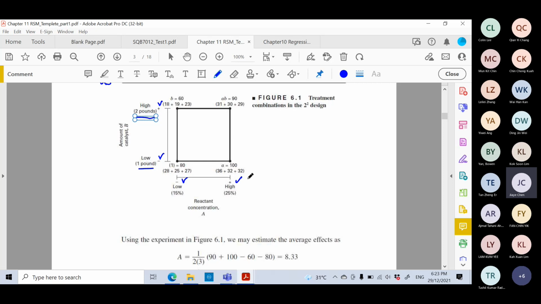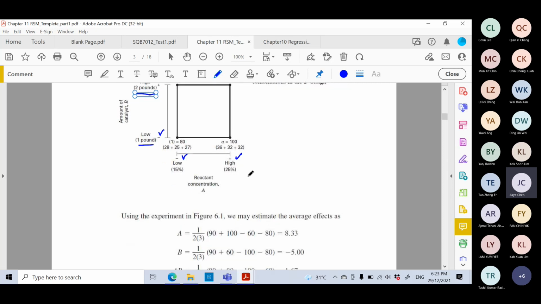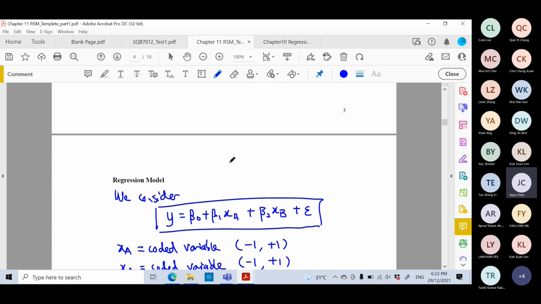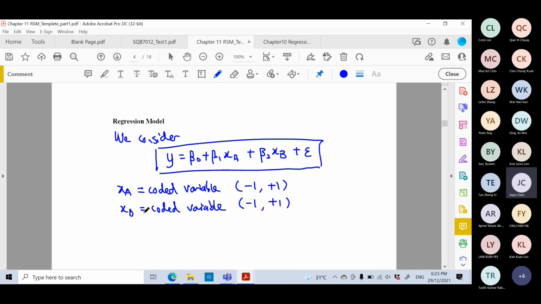In the following example, I denote them as coded variables.